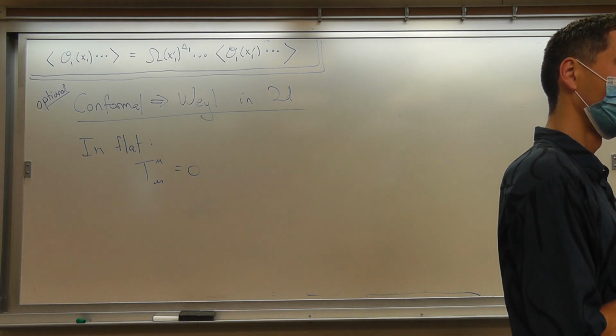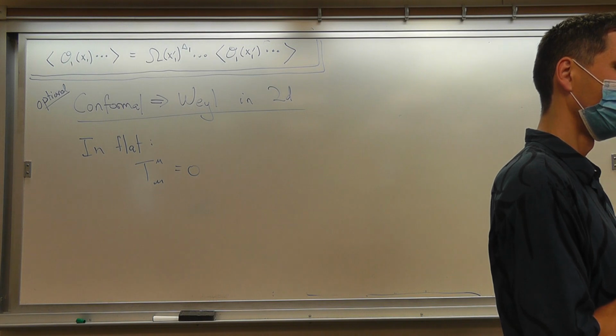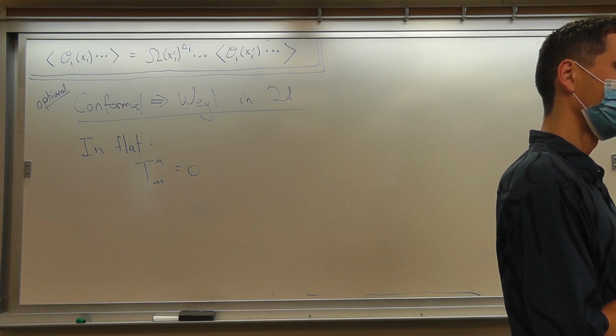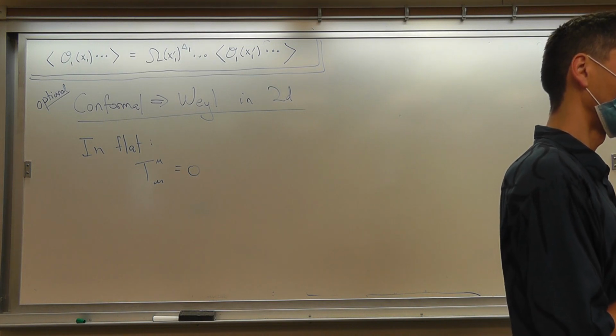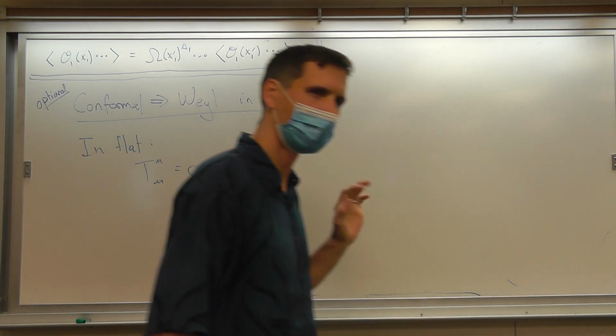Partition function is like the integral of e to the minus S, and then if you vary that, then the action comes down, and then you get this. I think you're thinking of the expectation value as being the path integral, but the expectation value is divided by Z. The definition of expectation value is the path integral divided by Z.